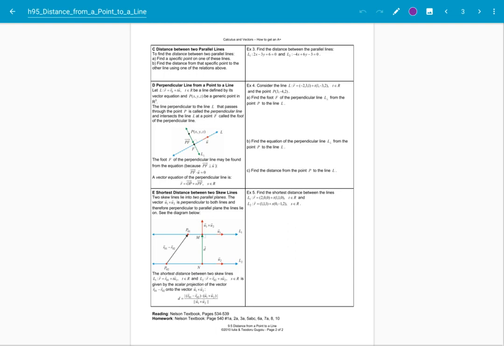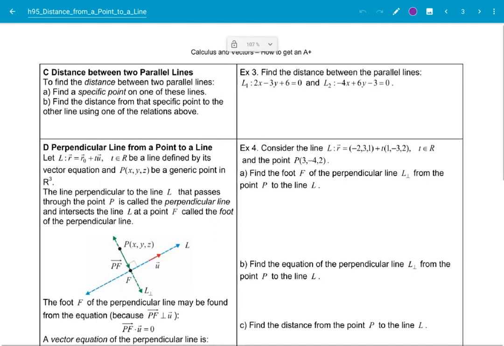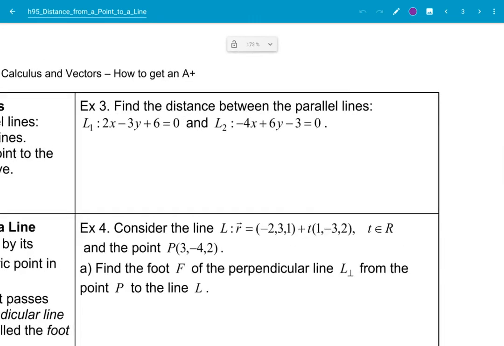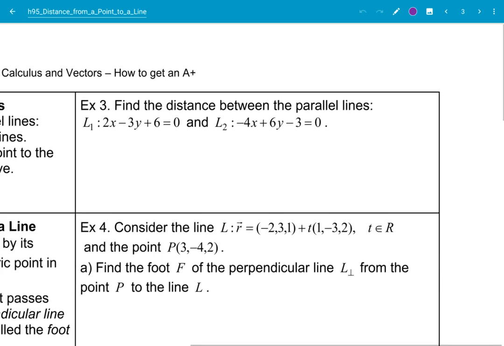Example 3. Find the distance between parallel lines. So notice that these normals are the same. So we do have the normal. So it'll be P naught to P1 crossed with the normal, dotted with the normal over the magnitude of the normal.